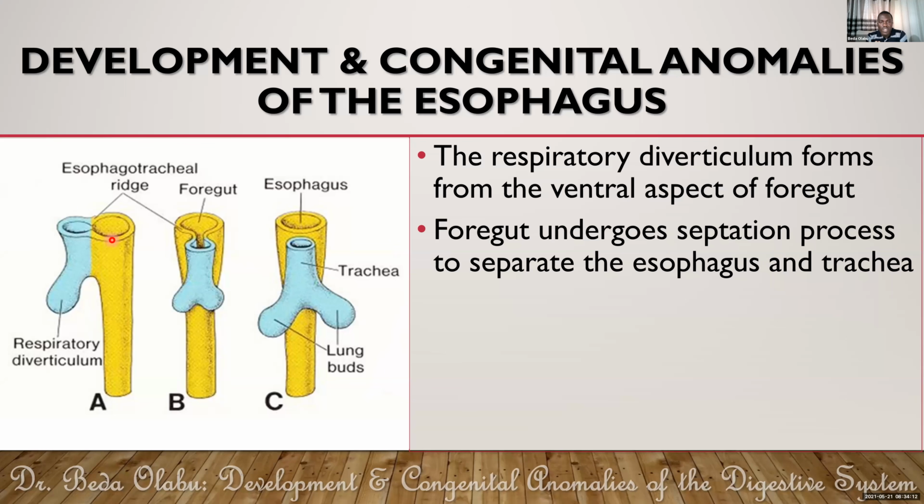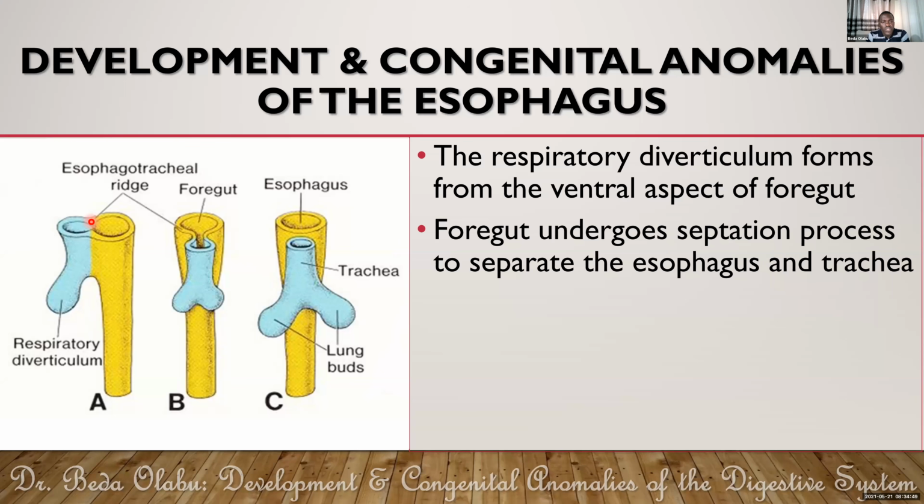The process of separation occurs by formation of some ridges between the respiratory diverticulum and the remaining foregut. Those ridges are known as tracheoesophageal ridges. There's a right and a left ridge which grow towards each other. We call them so because they mark the separation between the trachea and the esophagus.